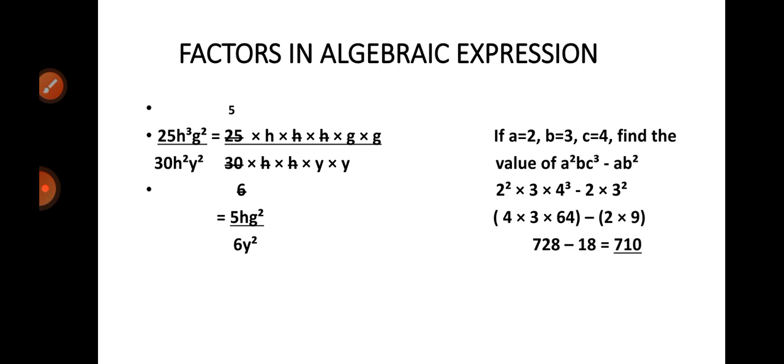Then for the numbers, we look for a common number that can divide the two without any remainder. We say 5. 25 divided by 5 will give us 5. That means we are crossing out to reduce the numbers. Then 30 divided by 5 will give us 6. So what we have here is 5 times h, because the 2 h's in the denominator will cross out the 2 h's from the numerator.